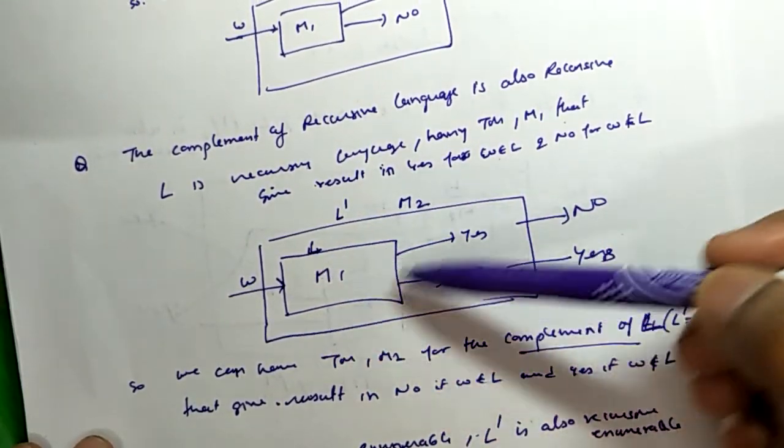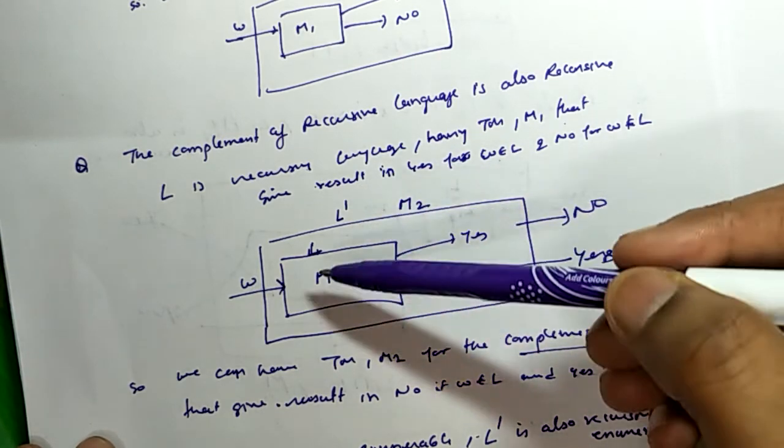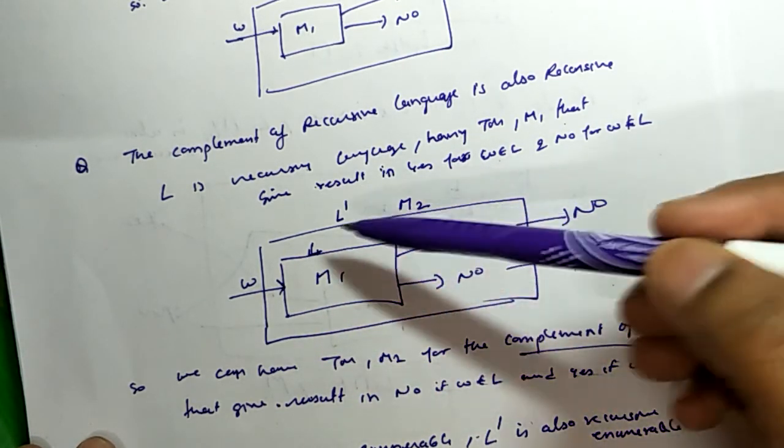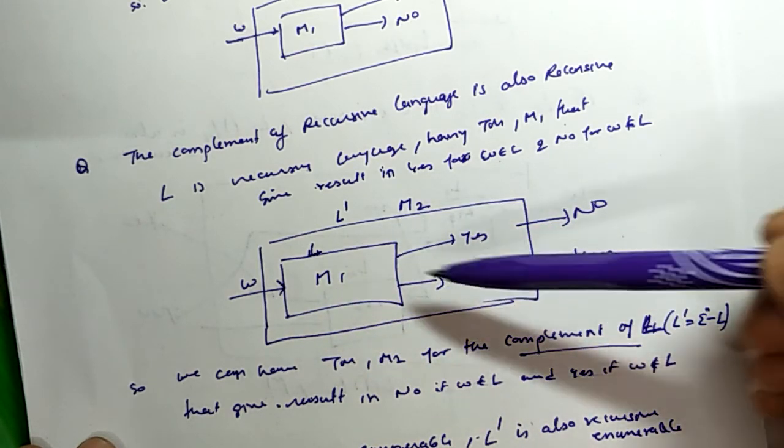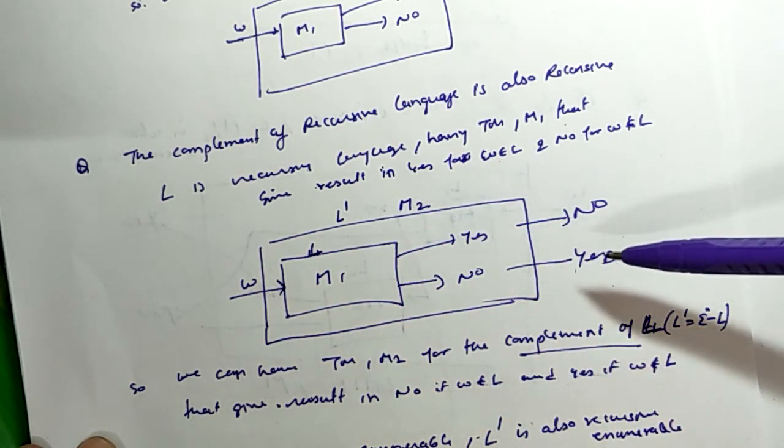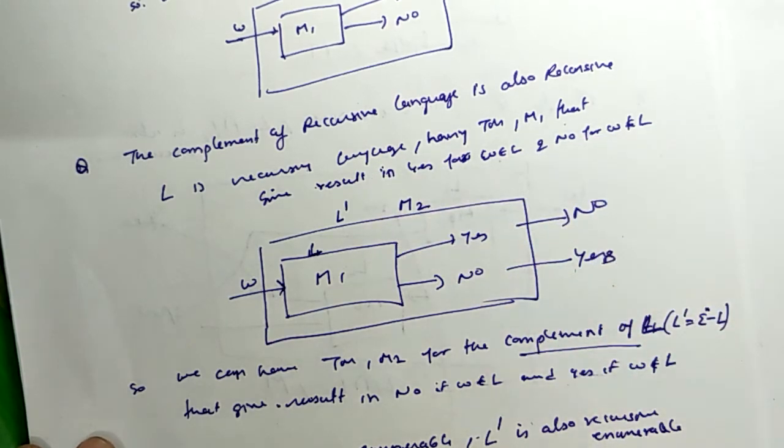Here, if L is recursive, then L bar is recursive. So if we are getting yes from here, for L bar we will get no. If we are getting no for L, then we will get yes for L bar.